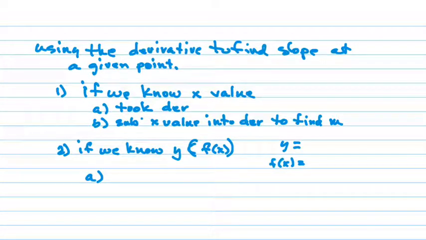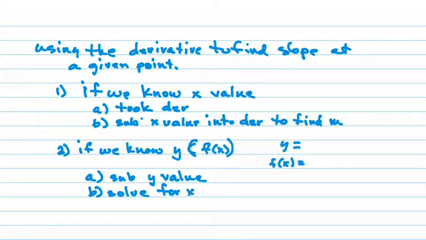So in order to do that, what we had to do was first substitute in the y value, solve for x, because remember, this is our basic idea. We can't find that slope unless we know which x value, right? And so if they give us a y value, we have to use that y value to find our x value. Okay?